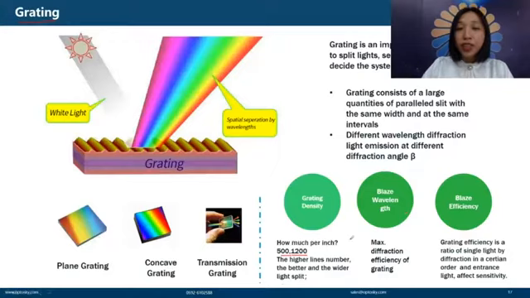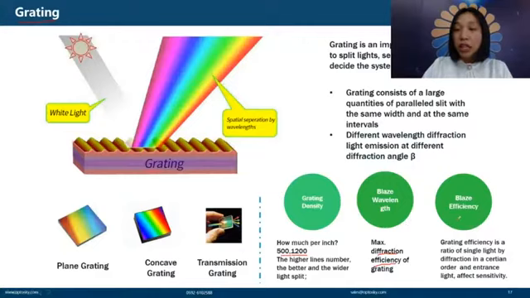And if we fix the grating density, we can have a blaze wavelength. The blaze wavelength can decide the maximum diffraction efficiency of the grating. So by selecting the blaze wavelength, we can set a certain range of wavelengths with better response efficiency.